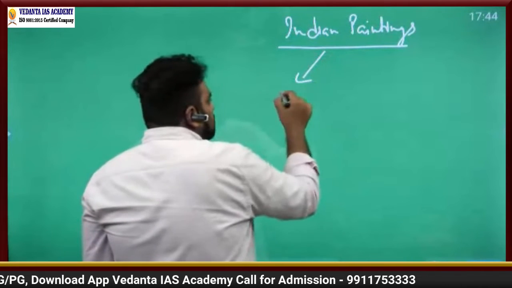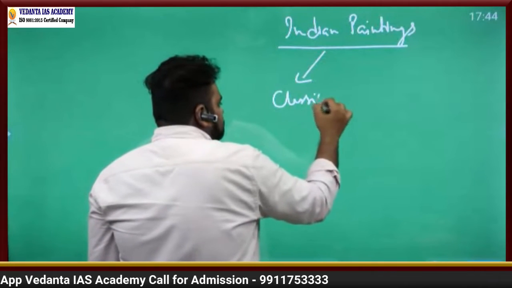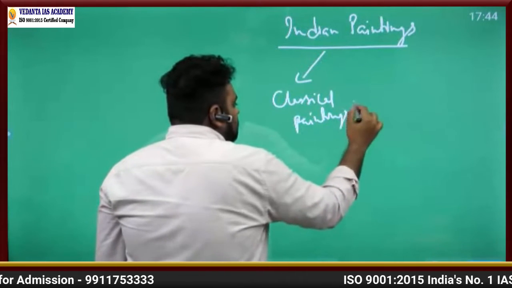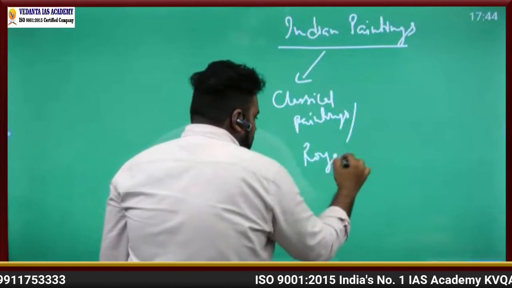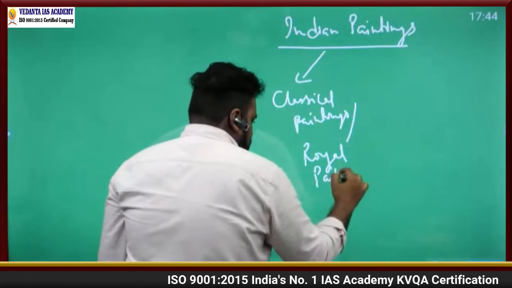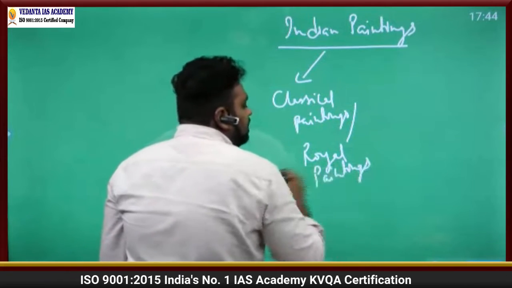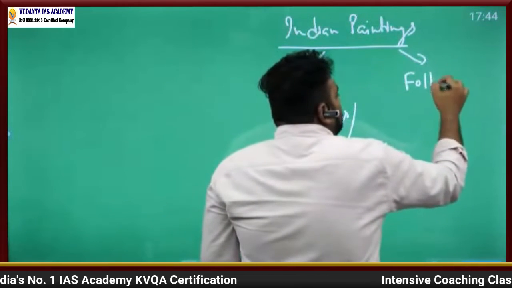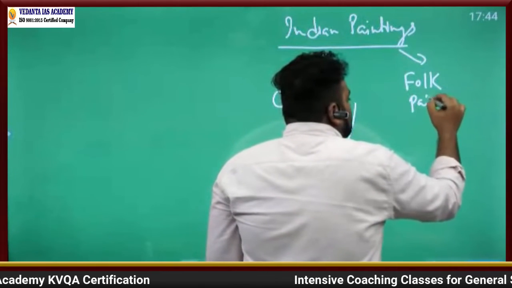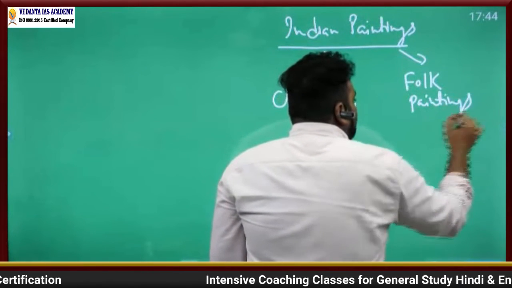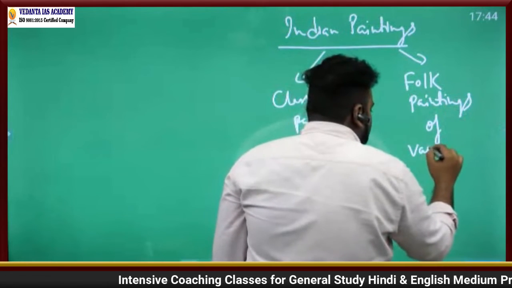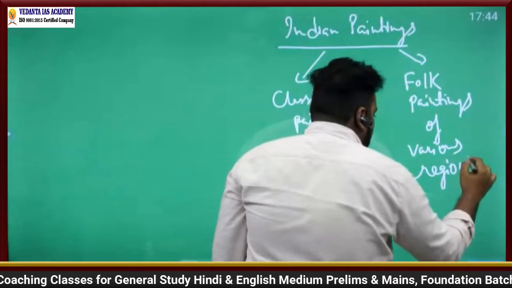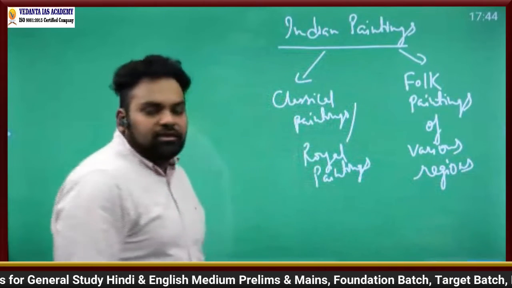So they are the classical paintings, or you can say the royal paintings made during the time of various kings. Then there are paintings from the various parts of India which are clubbed under your folk paintings of various regions. So this is how exactly we are going to see the paintings.